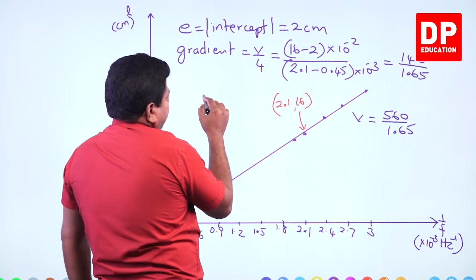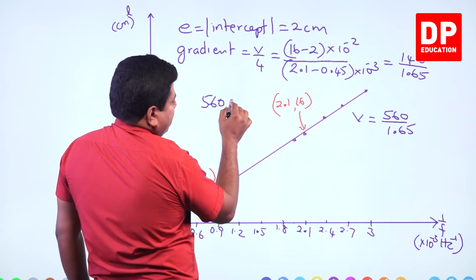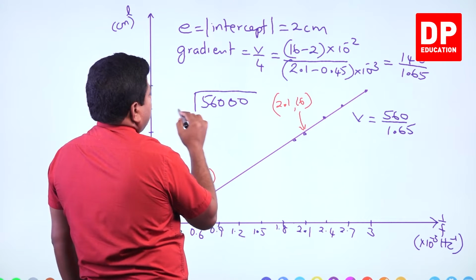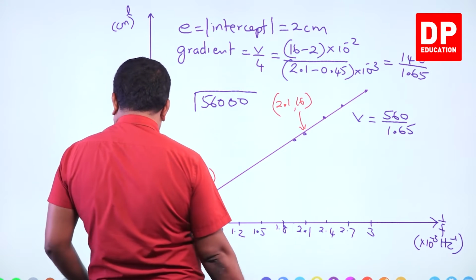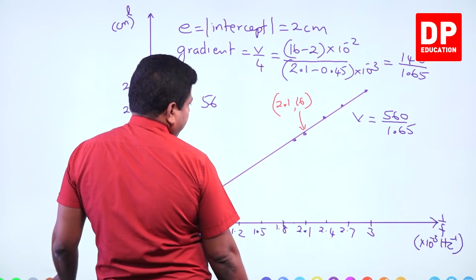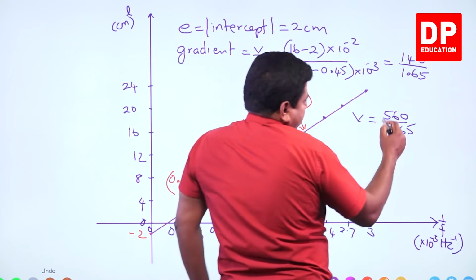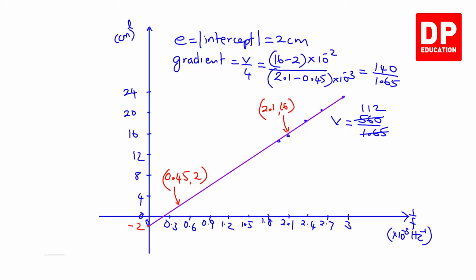Let's divide and see. 560. Let me put 2 more zeros. Oh wait, we can divide that by 5 maybe. 112, 33.